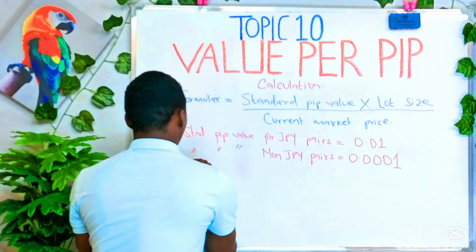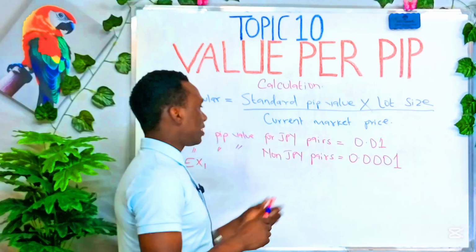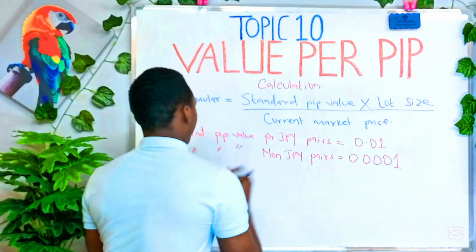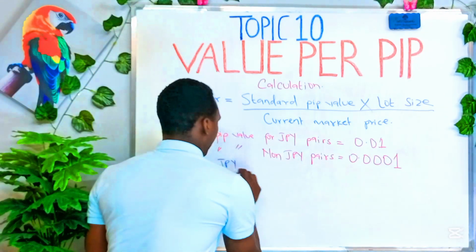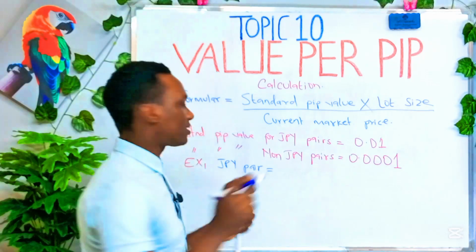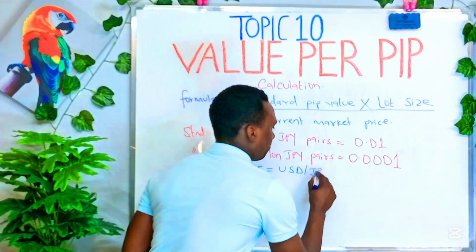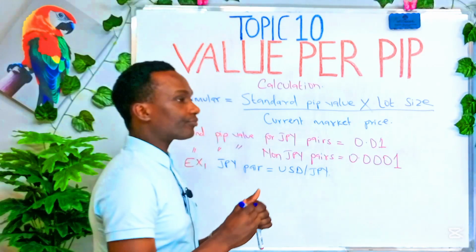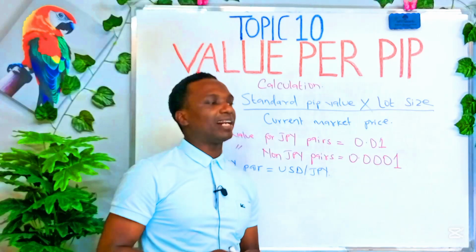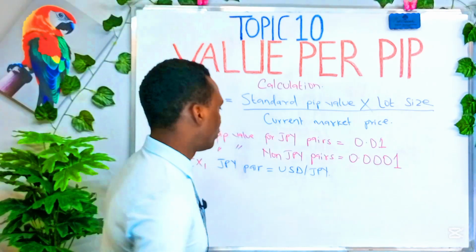All right? So let us look at our first example. Let's say we are looking at a JPY pair. Which JPY pair do you want us to look at? Let us say USD JPY. I want to know the current market price for USD JPY right now.